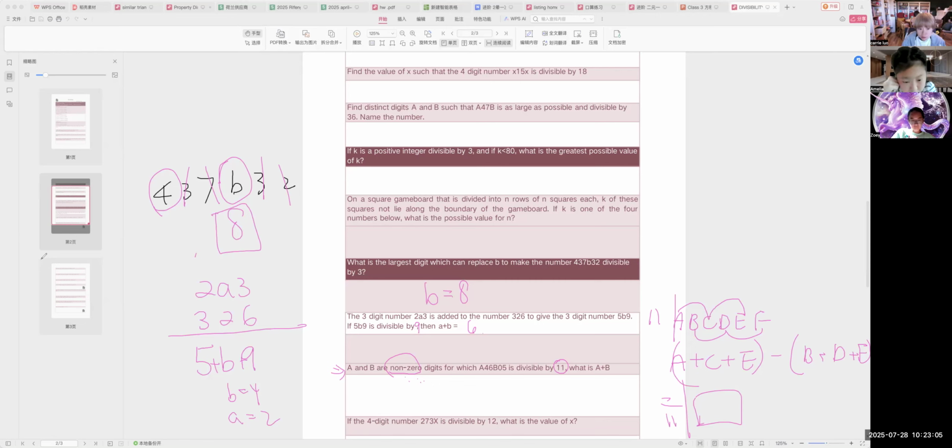OK，怎么做？A plus 6 plus 0 minus 4 plus B plus 5 divisible by 11.